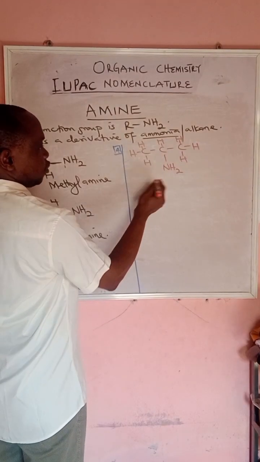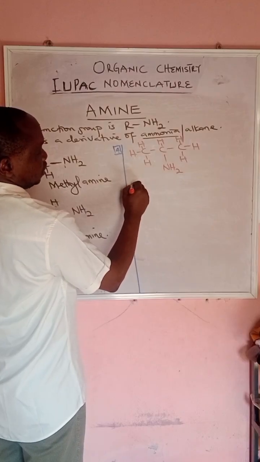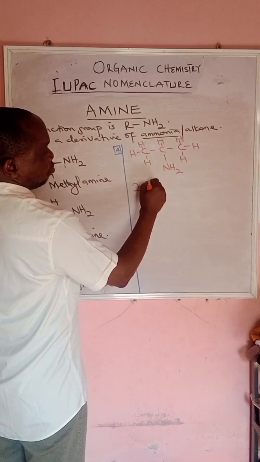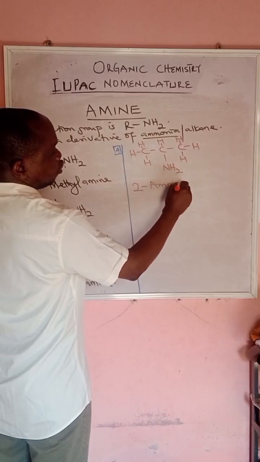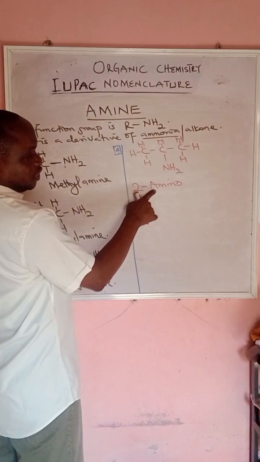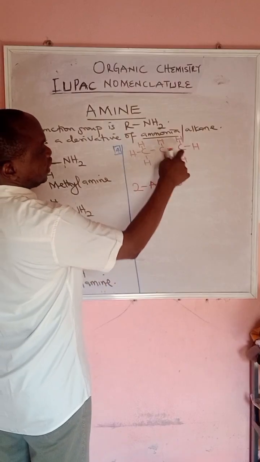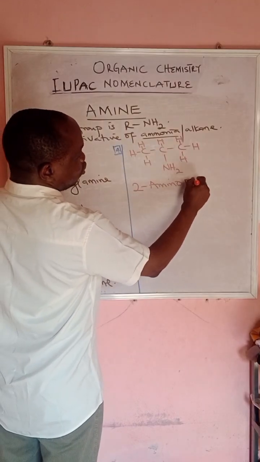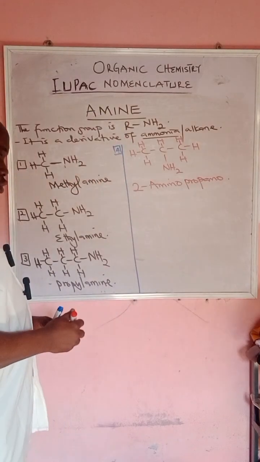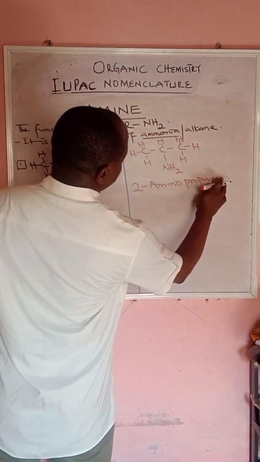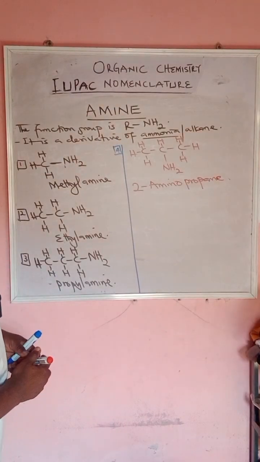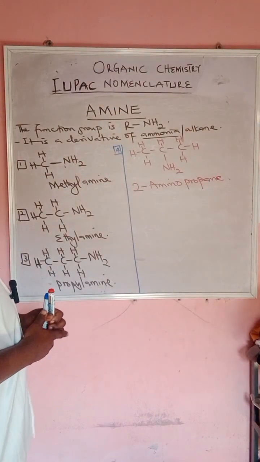We call it 2-amino. So you don't call it amine, you call it amino. 1, 2, 3. That is propane. 2-aminopropane, 2-aminopropane, 2-aminopropane. Take note of that.